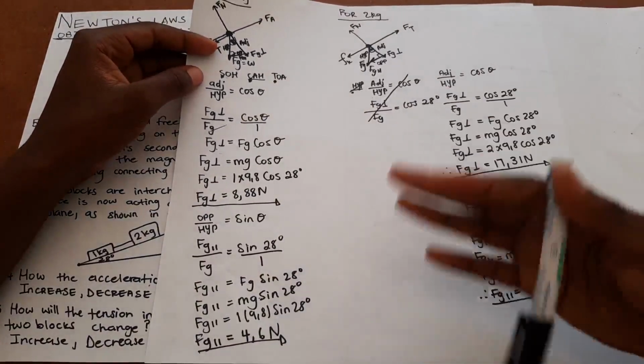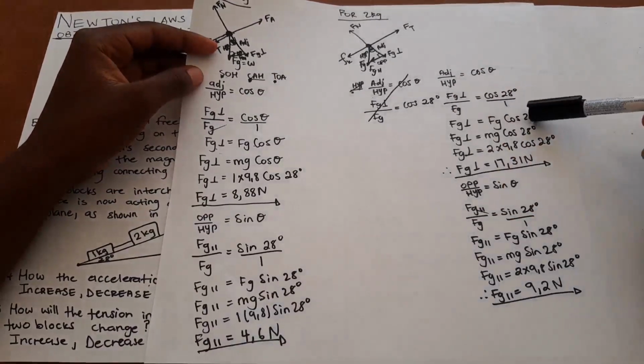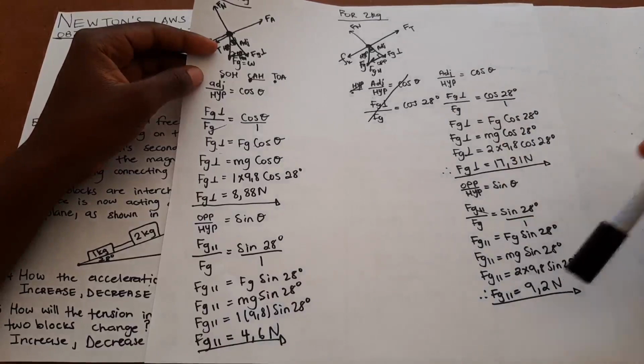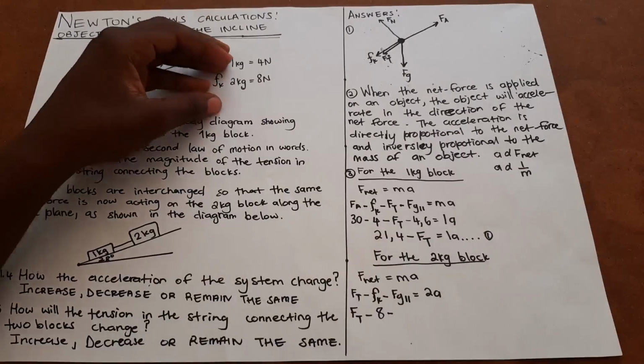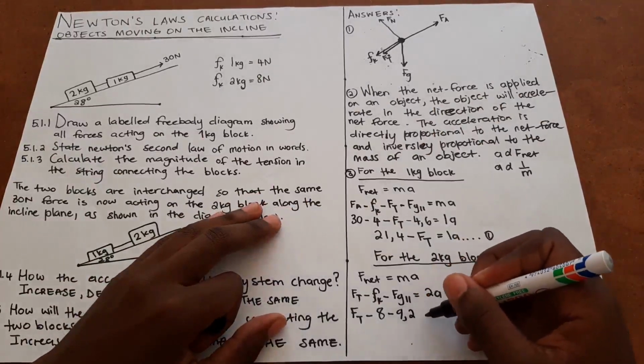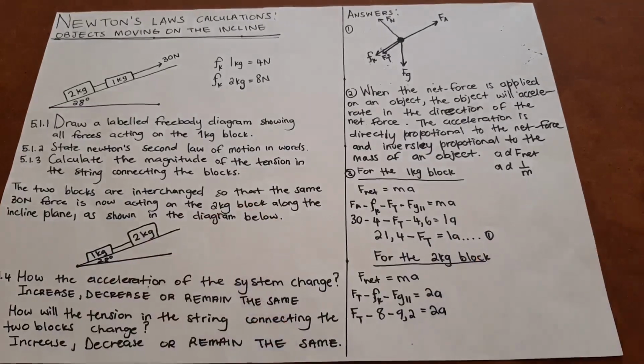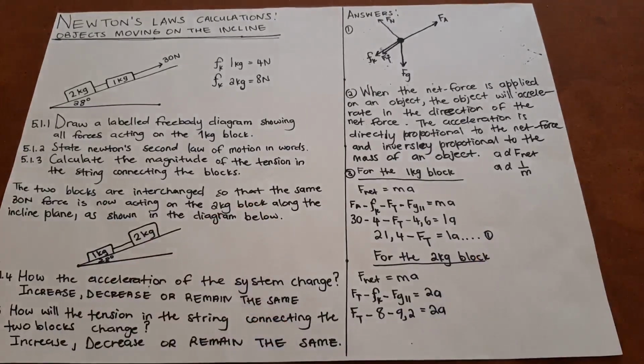For the 2 kg block, it's 9,2 newtons, equal to 2A. Let's use the calculator: negative 8 minus 9,2 is negative 17,2.